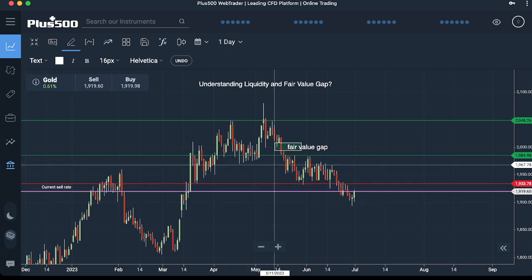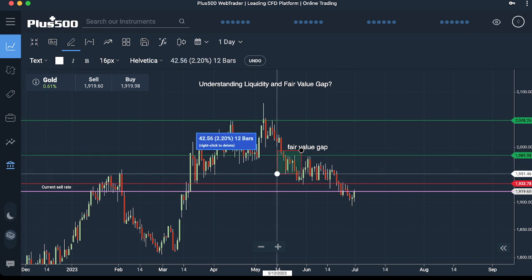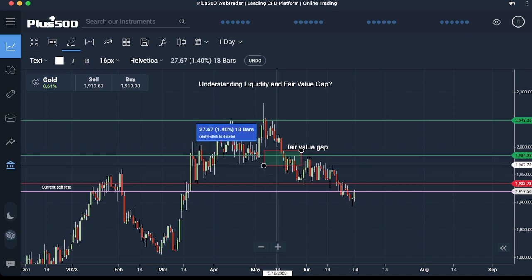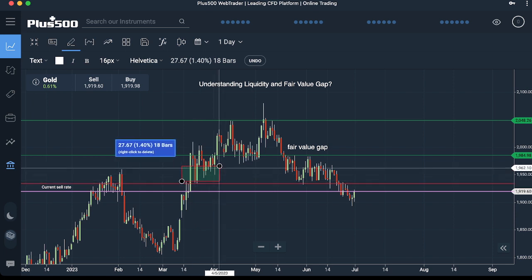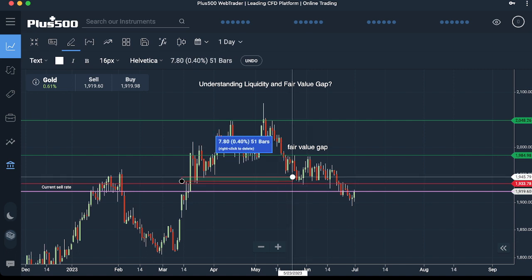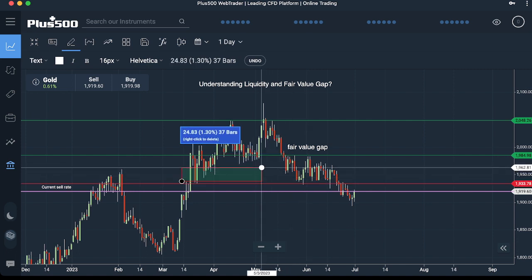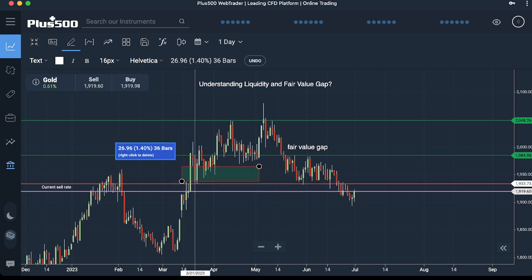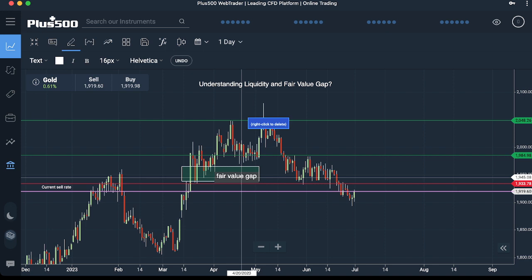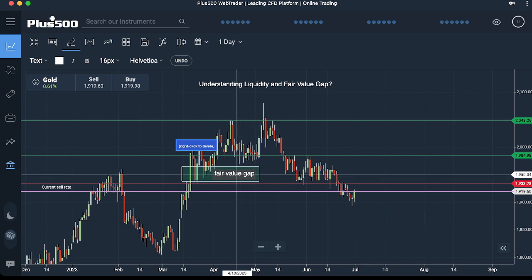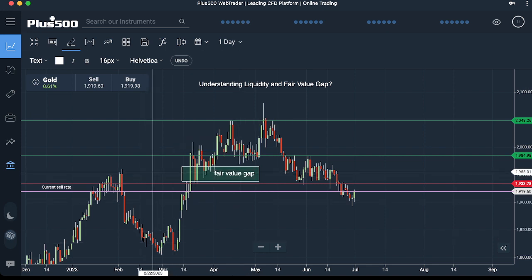Let me grab this one and put it here, where we have a fair value gap. I just want to show you how this fair value gap, which is a bullish fair value gap, is formed here.